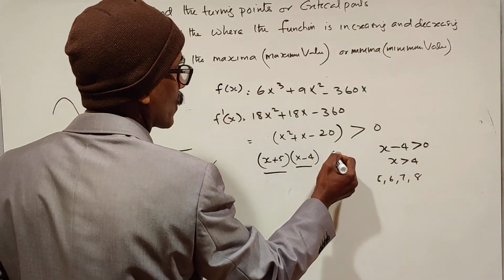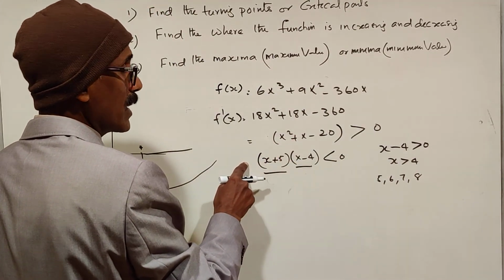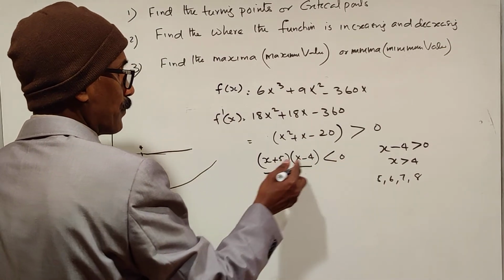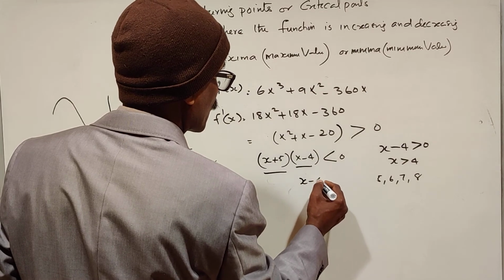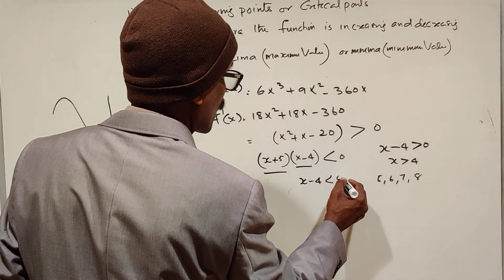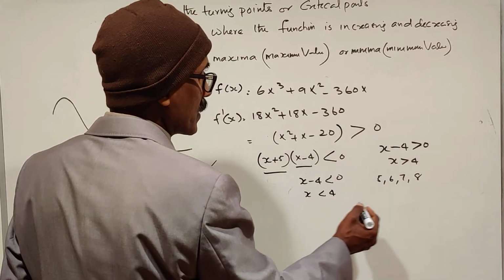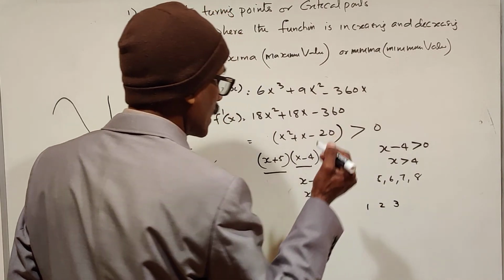When the function is decreasing, the first derivative is less than 0, or negative. So, I'm going to take this one. x minus 4 is less than 0. x is less than 4, right? x is less than 4 means what? 3, 2, 1. Those are the values.